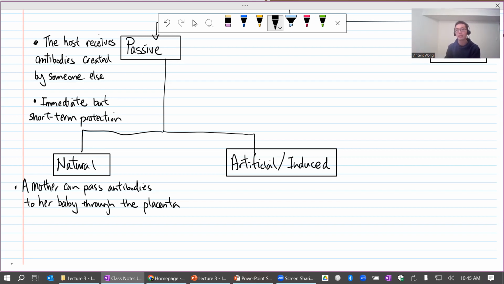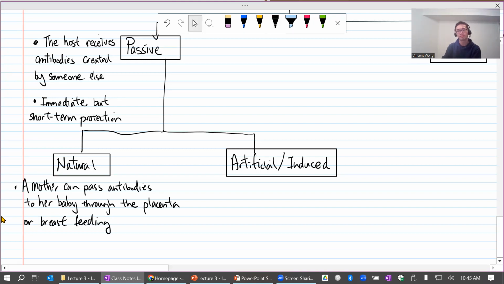So what's one of the ways that the mother can help extend this protection? How can she continue to transfer the antibodies to the baby after the baby is born? Is it breastfeeding? Mother's milk. Breastfeeding, that's right. So through the placenta or breastfeeding. There are antibodies in the breast milk.